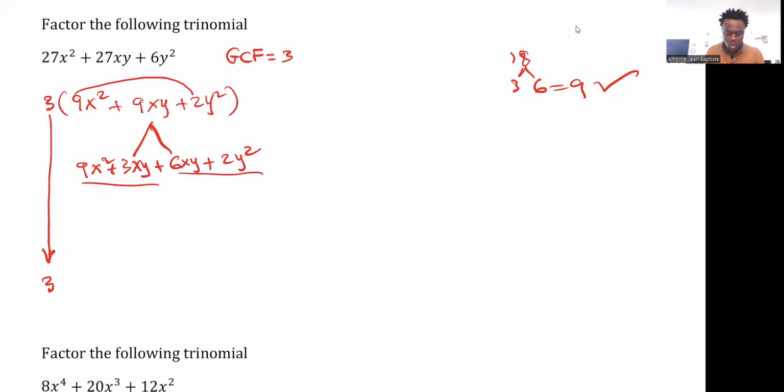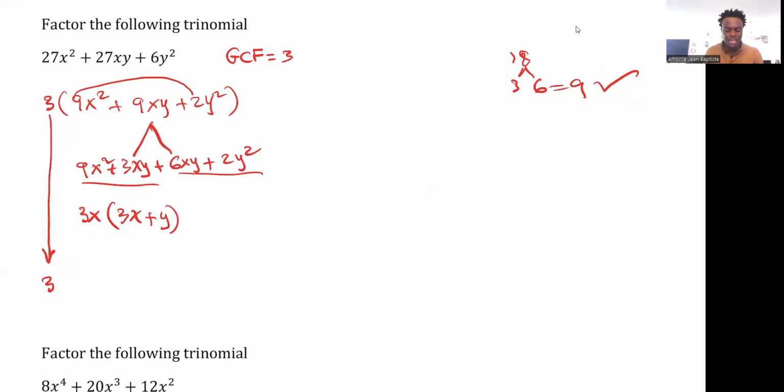GCF of the first group, what do you think? That's going to be 3x, and then inside will be 3x plus y, correct?